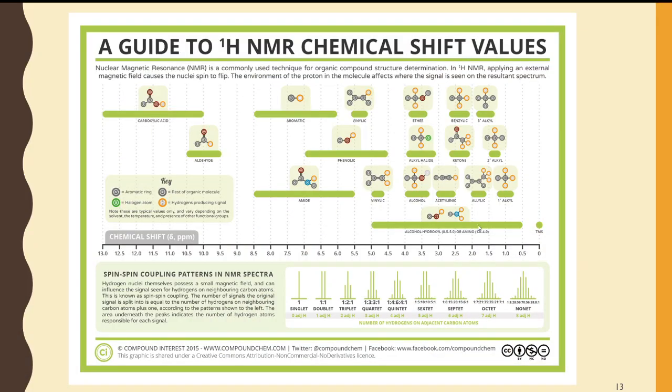For any textbook, particularly an organic chemistry textbook, this is something that you will usually see as one of the appendices at the back, or it may also be part of the main text, but usually it's the appendix. So you will see a guide to this proton NMR, the chemical shift values, which depend on this.